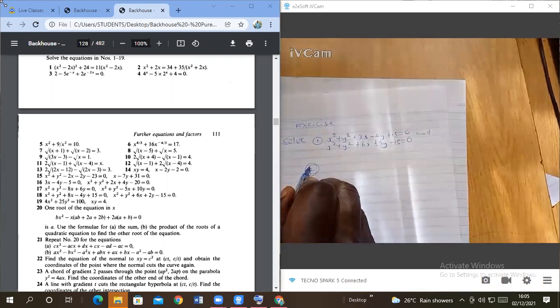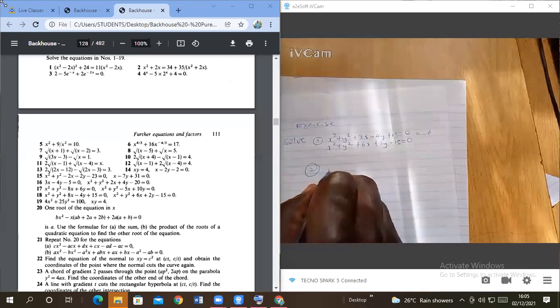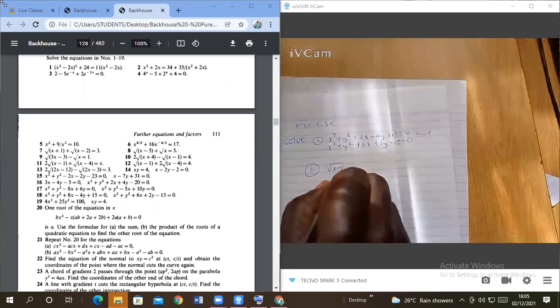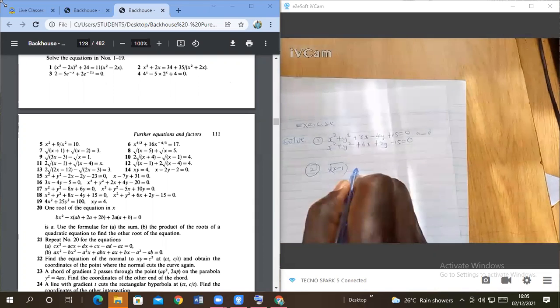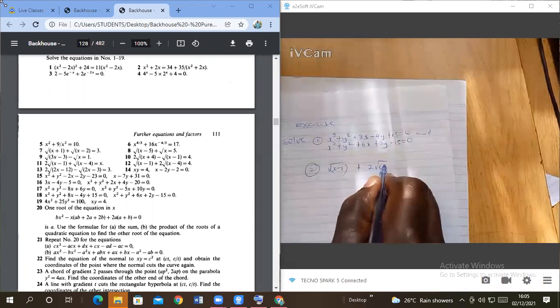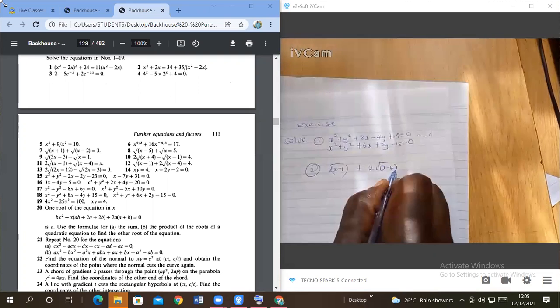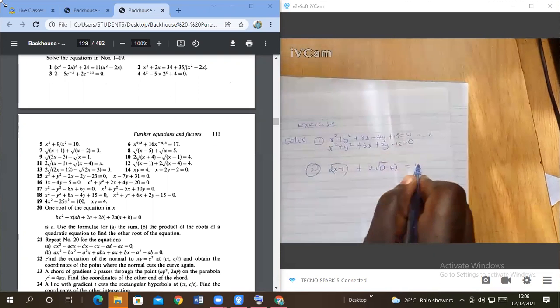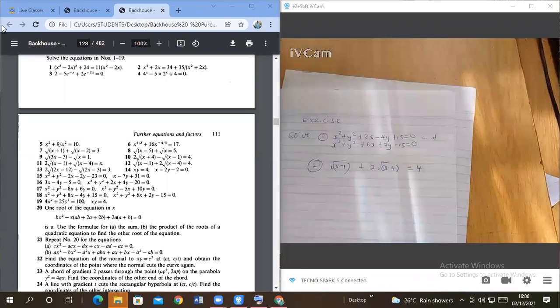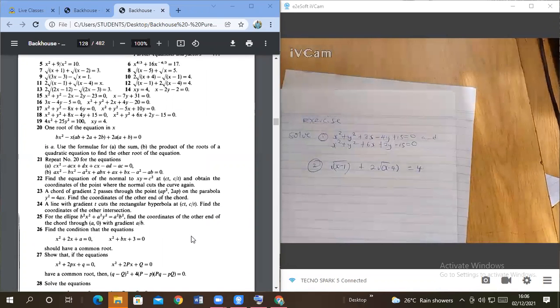In 2, you will handle root of x minus 1 plus 2 root of x minus 4 is equal to 4.